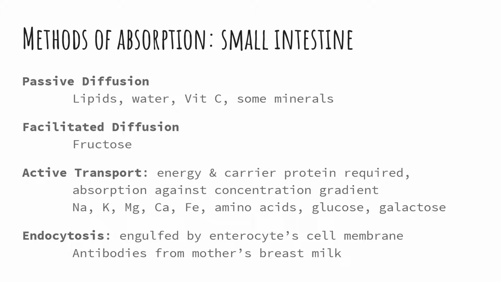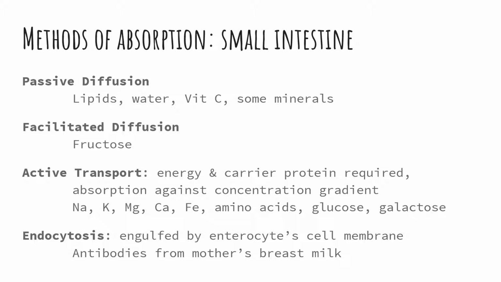And this is where we'll see a lot of absorption of nutrients is via active transport. So particularly our glucose and our galactose require a carrier protein as well as energy to be absorbed. Same with amino acids. And then endocytosis is where the enterocyte actually engulfs the nutrient or the molecule.